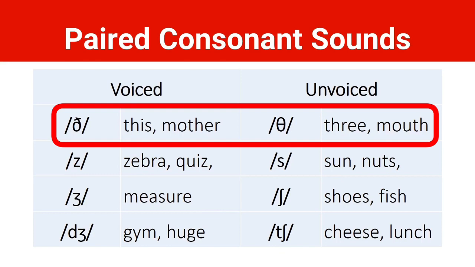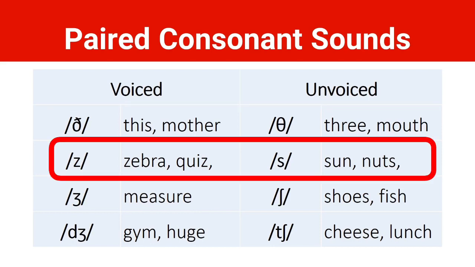The voiced th and the unvoiced th: this, mother; thin, mouth. Z: zebra, quiz. S: sun, nuts. Z is a voiced sound. S is an unvoiced sound.